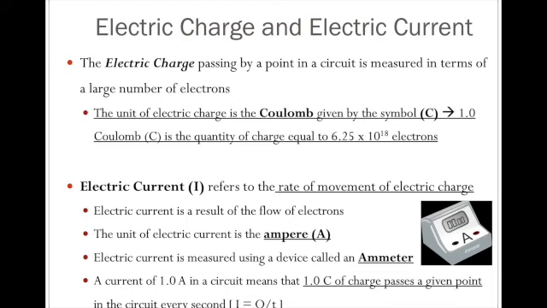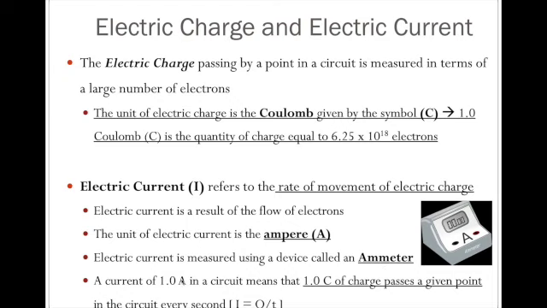Okay, so current results from the flow of electrons. We use amperes, capital A, to measure this concept. That's called current. And then we use an ammeter. There's a little picture of it down here, with an input and output for the ammeter. We can find out how much current devices have, because all electric devices have current in them.